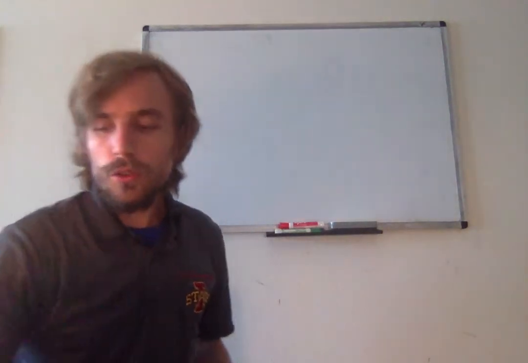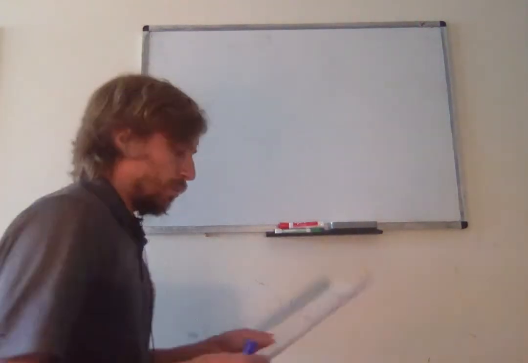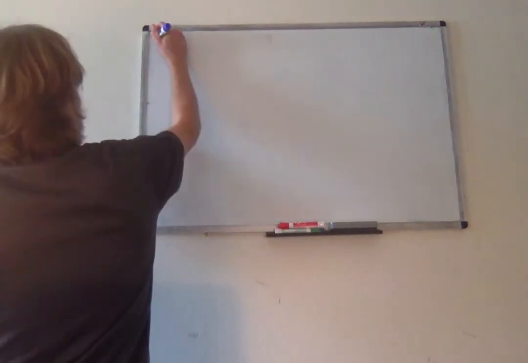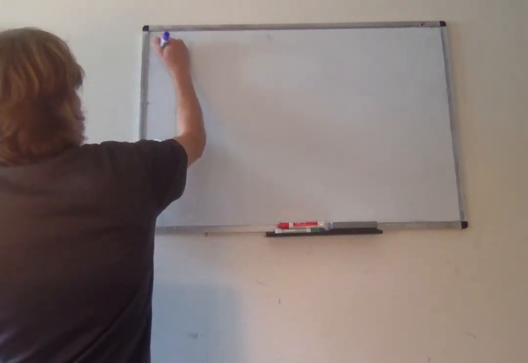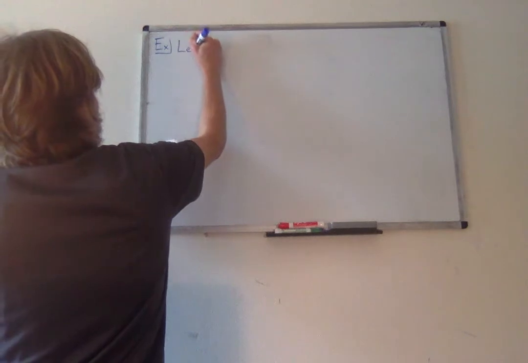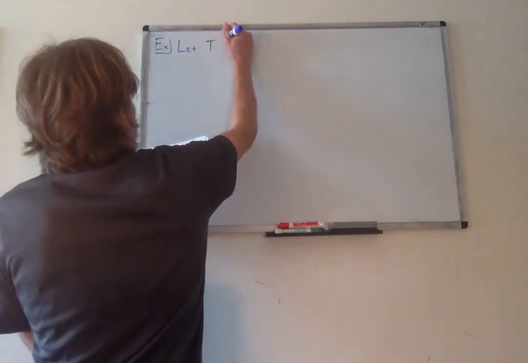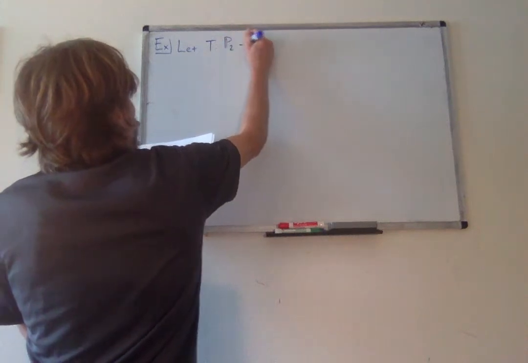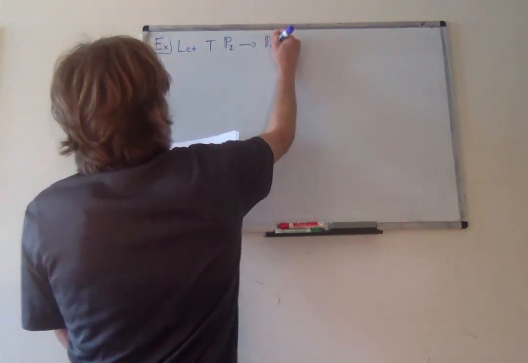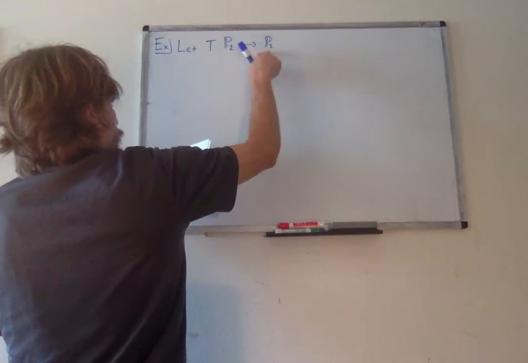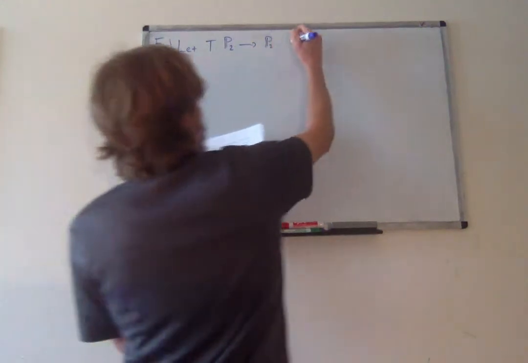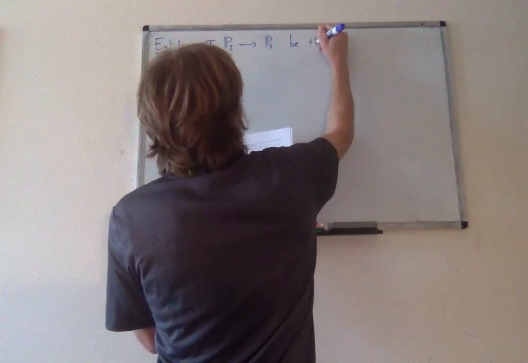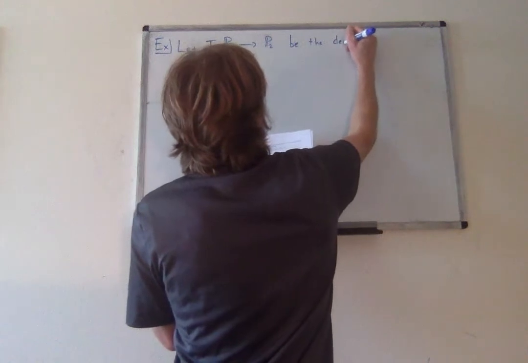I think we looked at the derivative map a little earlier, but we're going to look at it again. Let T, mapping the set of polynomials of degree at most 2 to the set of polynomials of degree at most 2, be the derivative map. Again, this is a linear transformation between a vector space and itself.